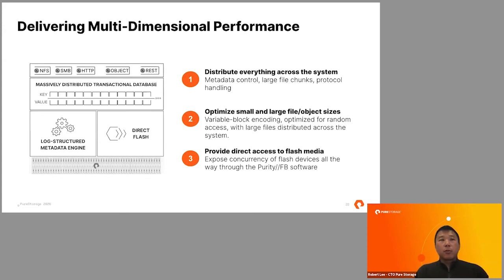With our key value store, we can borrow a lot of the same techniques that we use in FlashArray, our block product, to use, for example, variable length encodings and things of that nature to be very efficient about how we optimize for small as well as large file or object sizes. And then number three, it provides us a very nice building block to start working with the flash and the layer below us at a very, very tightly integrated level to drive a lot of the parallelism that we have with the compute layer all the way down into the flash.